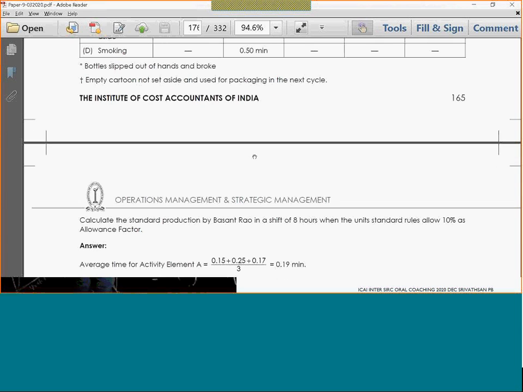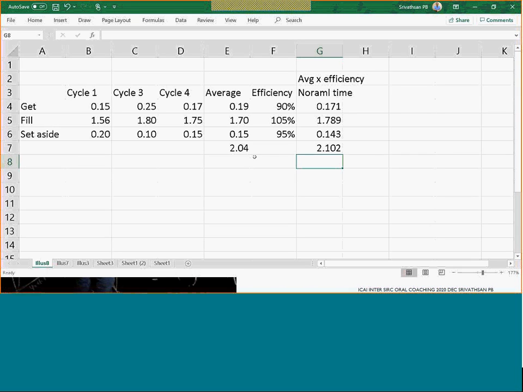Now the question is, standard production in 8 hours when standard allowance is 10%. Allowance factor. Now the question is, what is this 10% going to be? 90%. What percent? You normally do a cross multiplication, right? Into 100, 90.